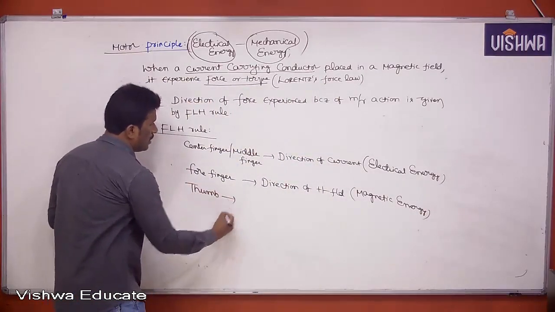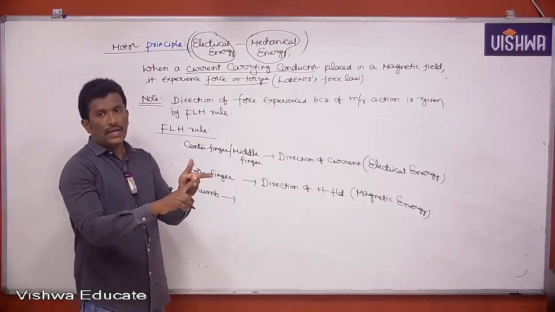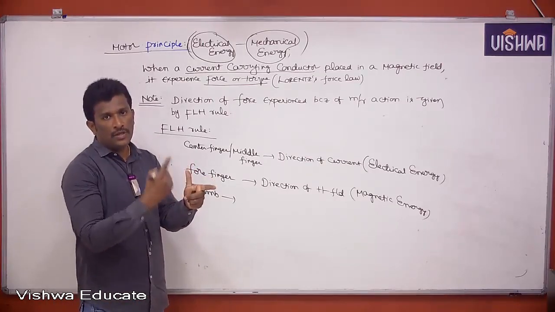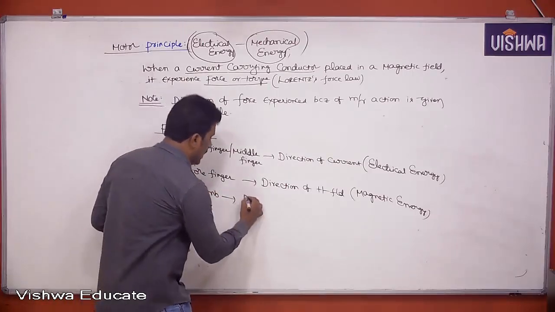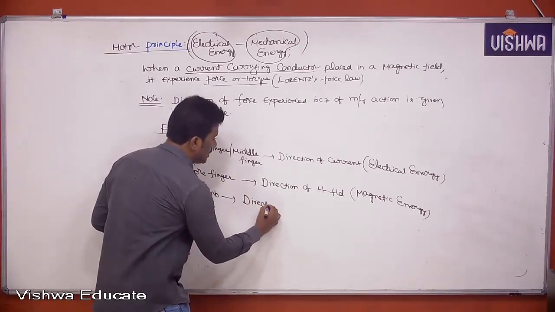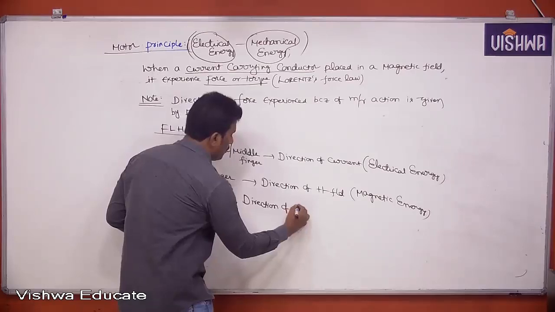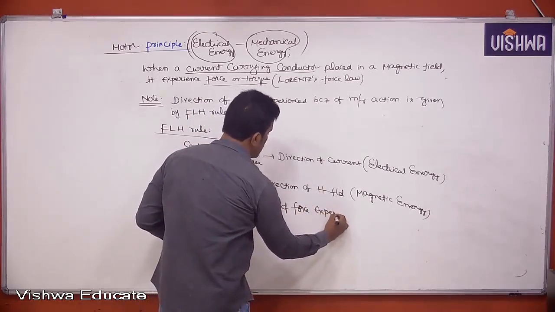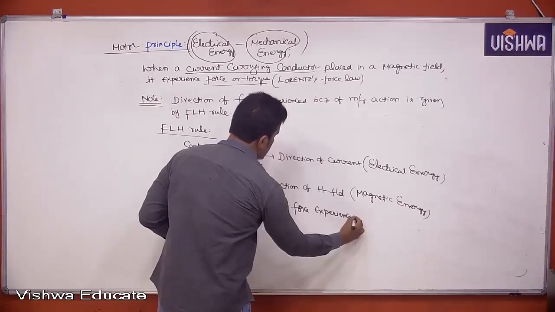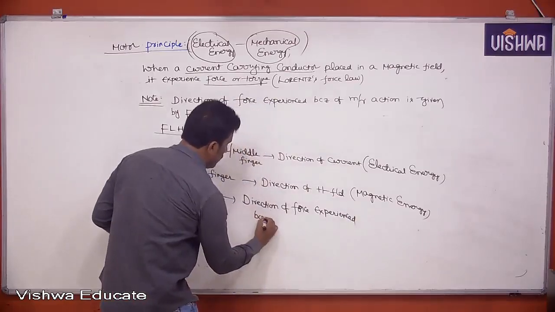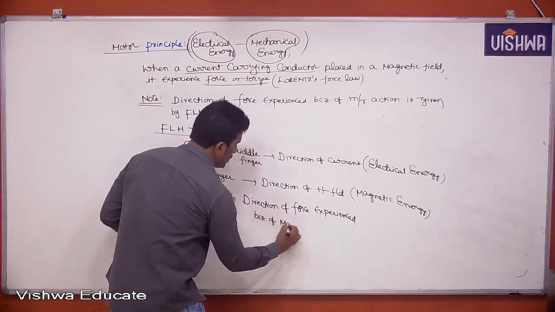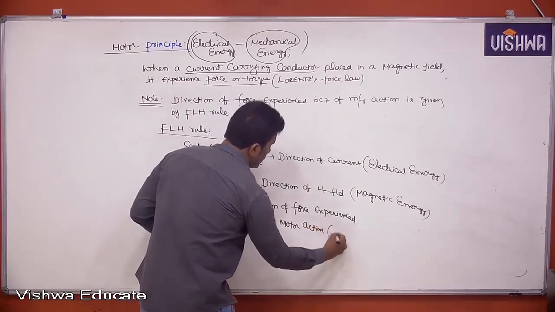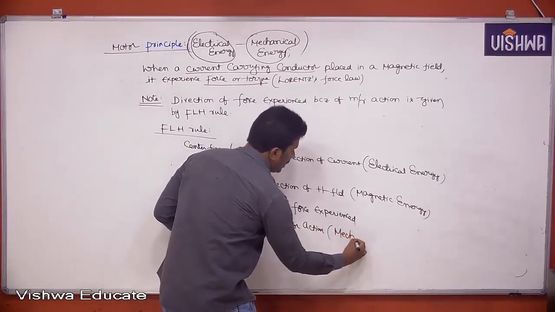Please tell Fleming's left hand rule once again: when a current carrying conductor is placed in a magnetic field, it experiences force or torque. So the thumb indicates direction of force experienced because of motor action, which indicates mechanical energy.